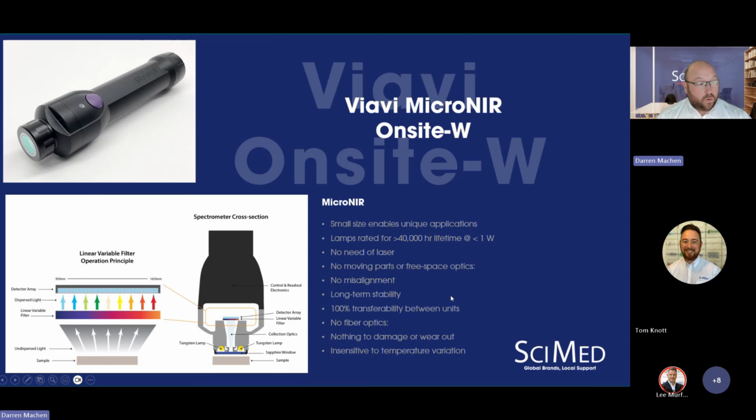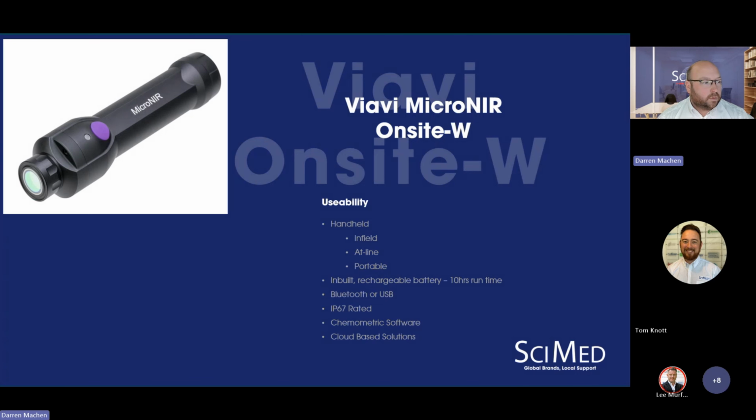Why is that important? You've got long-term stability. There's no need for lasers. There are techniques out there that use lasers, which raises safety concerns. The lamps are rated for greater than 40,000 hours. And there are no fiber optics, which can be quite expensive as well. So it makes it a very robust sensor, ideal for some quite harsh environments.